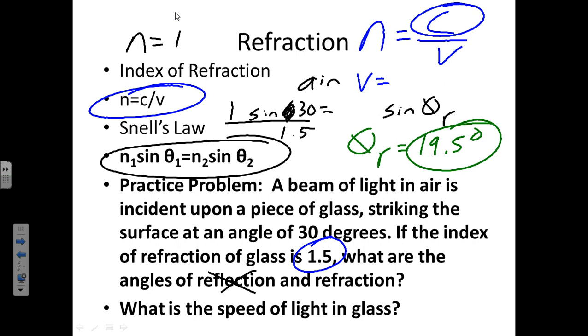If we rearrange it a little bit, we're going to get V equal to C over N. And then let's go down here and just solve it out. So the speed of light in glass is going to be equal to the speed of light in a vacuum, 3 times 10 to the 8th meters per second, divided by the index of refraction of the glass, which is 1.5.